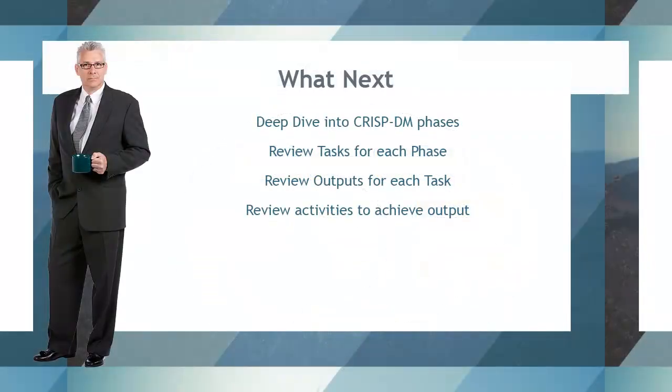Each phase of CRISP-DM consists of a set of tasks. Each task has one or more outputs. There are a set of activities needed to achieve these outputs. In subsequent sections, we are going to deep dive into each phase, go over the tasks, outputs, and activities.